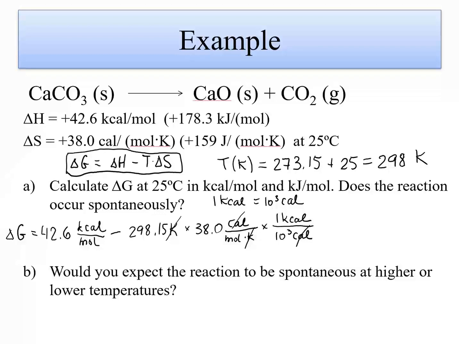So I have my answer for the entropy change multiplied by the temperature in kilocalories per mole. So now I can subtract this value from the delta H value. The value of delta G is positive 31.3 kilocalories per mole, which means that this reaction is not spontaneous.